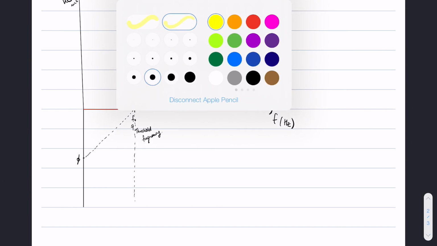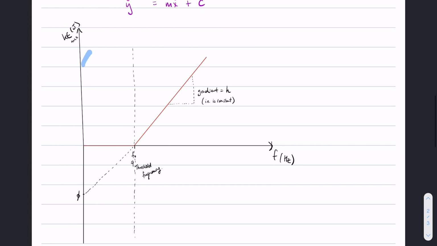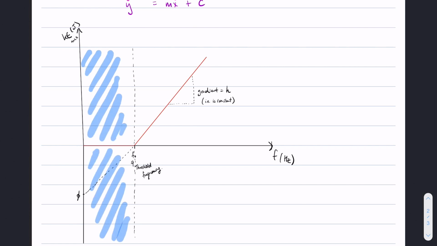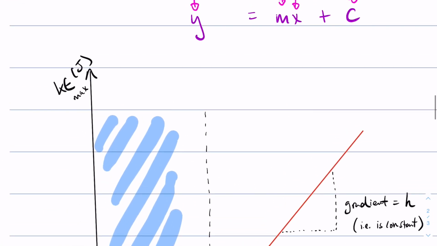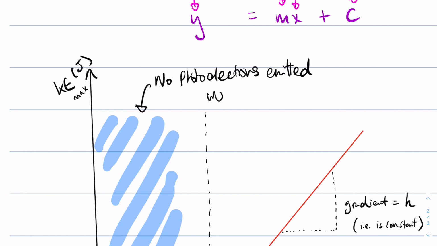So we can color this region in, and let's label it. In this region, no photoelectrons emitted when f is less than f0.